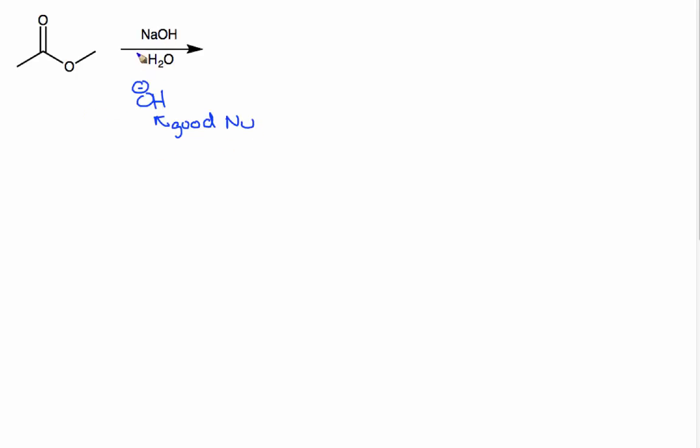The difference here, now I don't have an acid to activate my carbonyl, so this carbonyl isn't as electrophilic as before, but because my OH- is a pretty good nucleophile, I can still easily attack my carbonyl carbon. So I'm going to attack that there, push those electrons up onto the more electronegative oxygen, which will give me an O-.